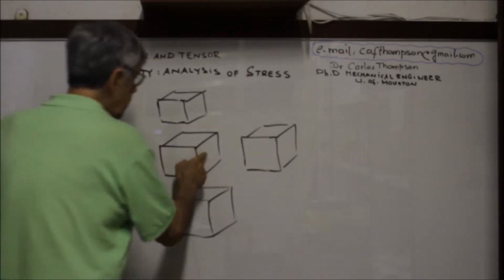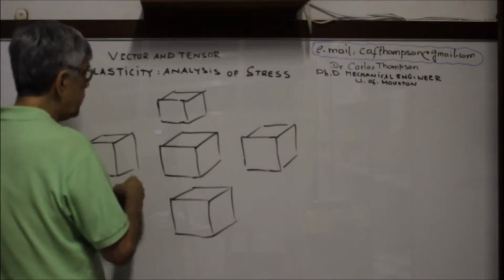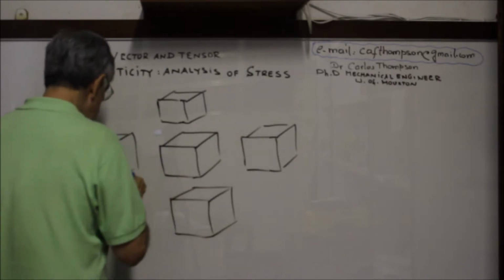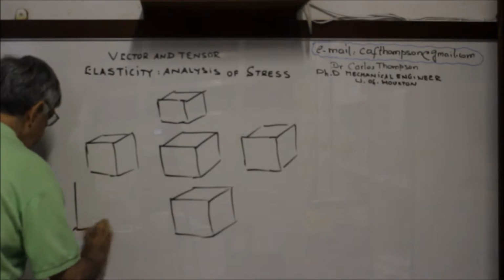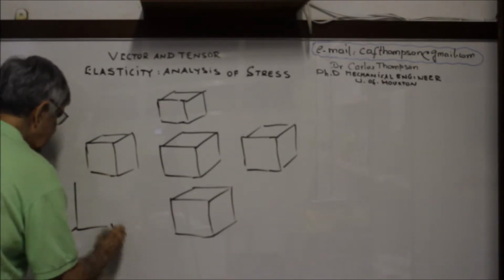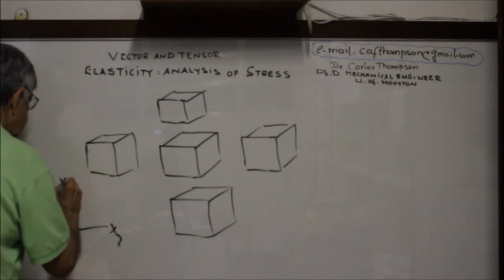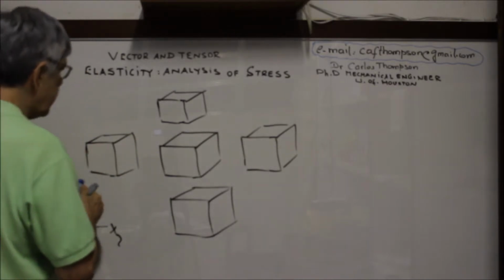For instance, this plane over here, let's draw here this x1, x2, x3, okay? Just to follow there.